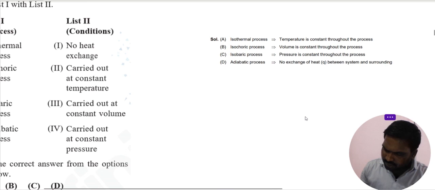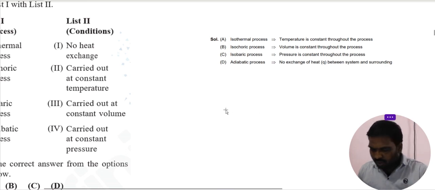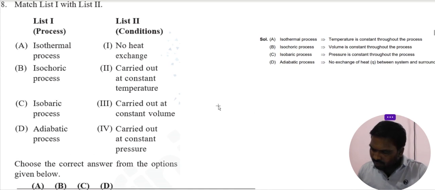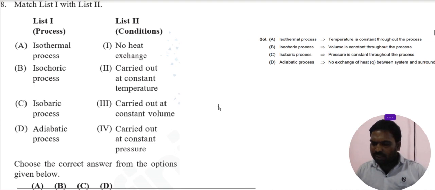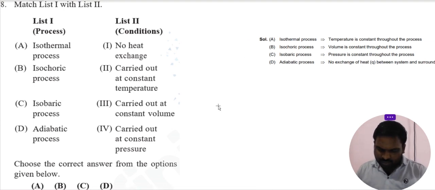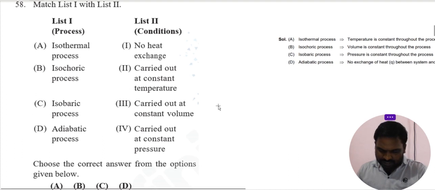Isothermal process, temperature is constant. Clear? Isochoric, volume constant. Isobaric, pressure constant. Adiabatic means no heat transfer. Then which option is the right answer?